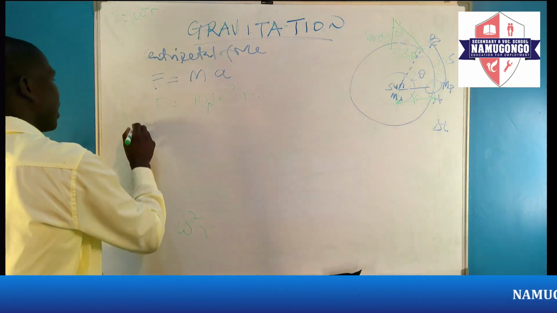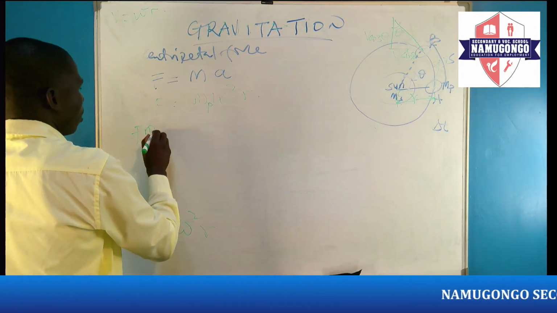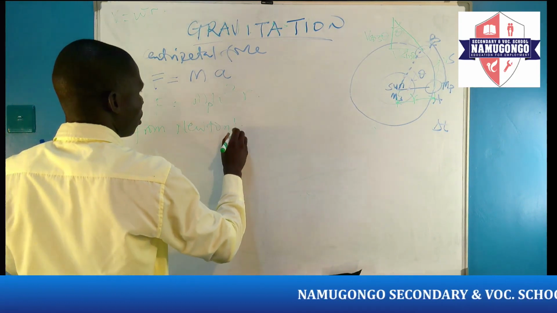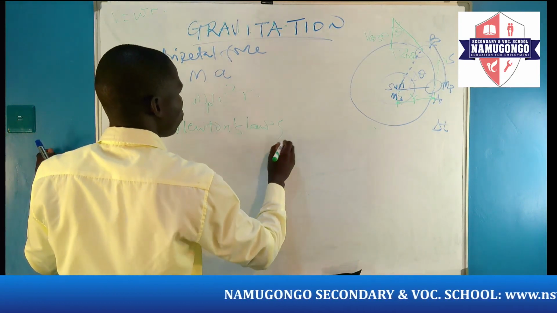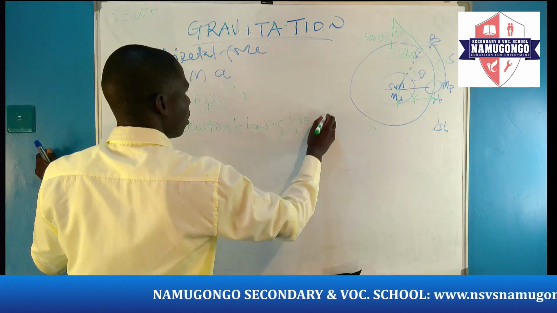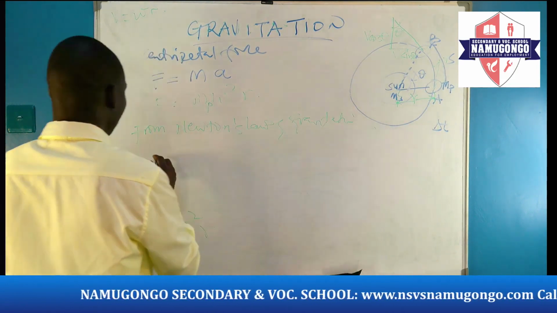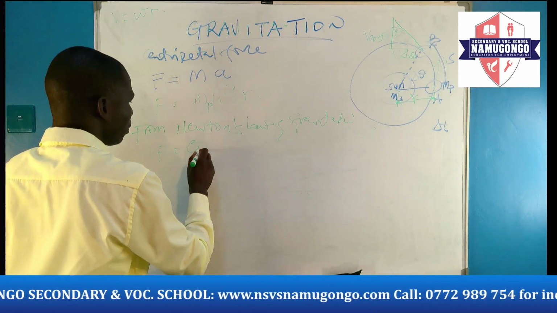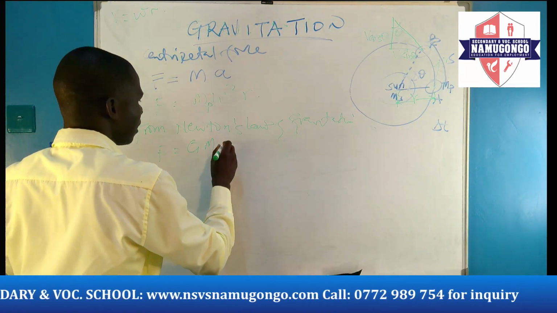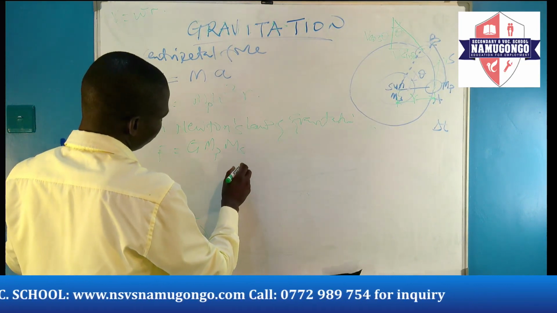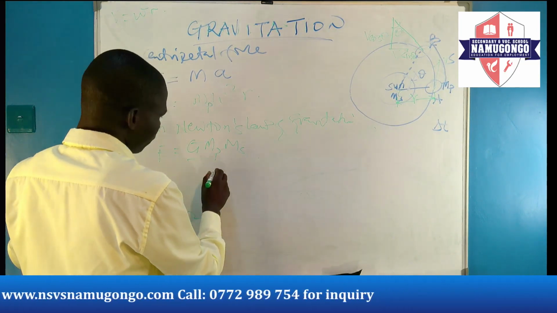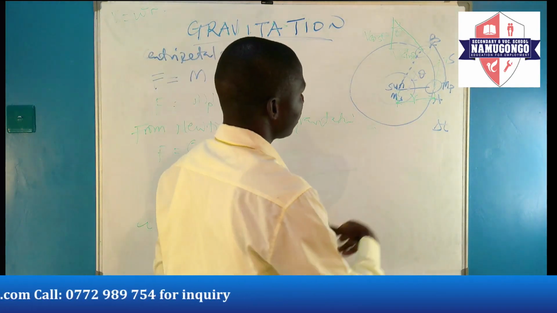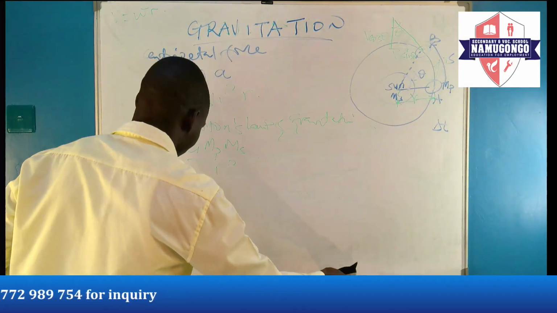Then we shall also say that from Newton's law of gravitation, we have F equals G, mass of the planet, mass of the sun, divided by r squared, where r is the distance between the planet and the sun.